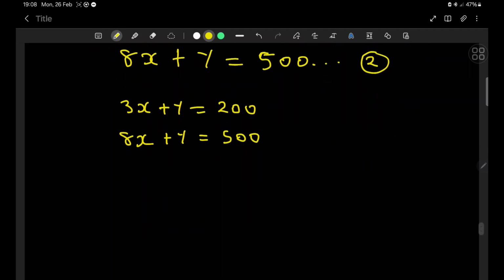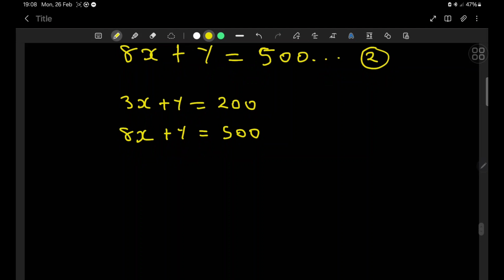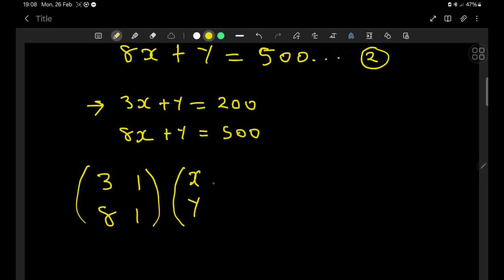So taking this into a matrix, we pick the coefficients from each equation. That is, we have 3, 1, then 8, 1. Then we have the variables, that is x and y. And this is equal to 200 and 500.